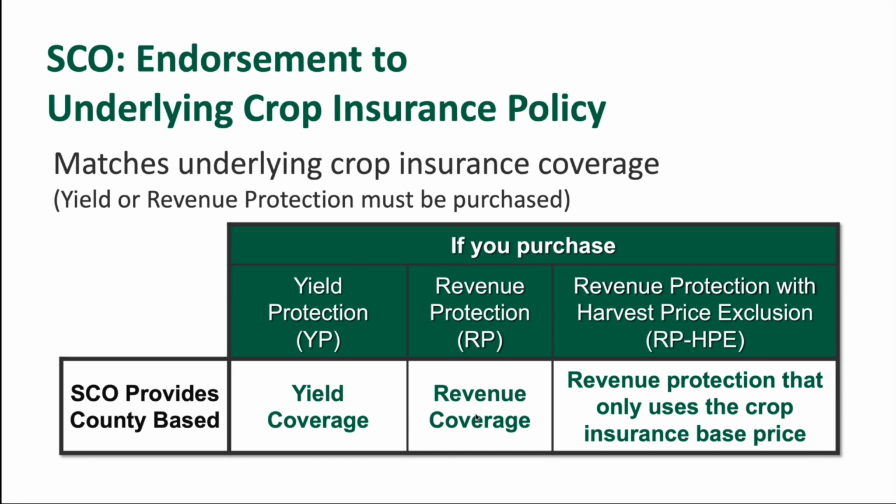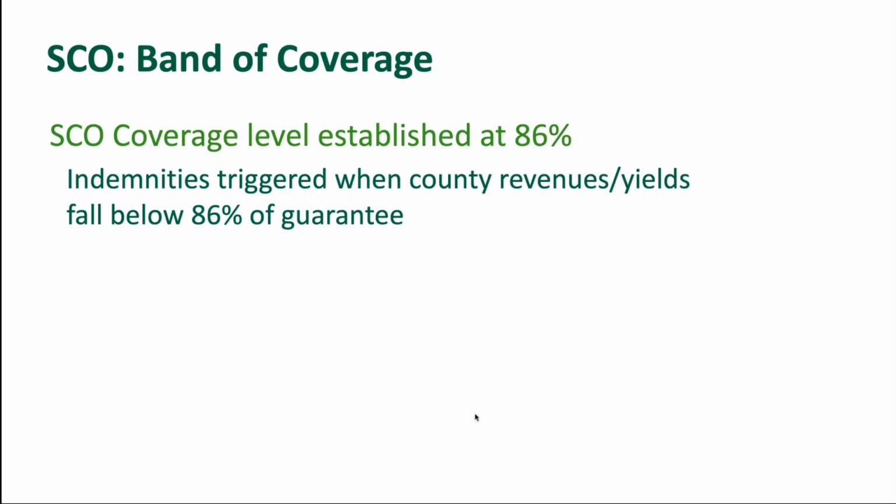By the way, you cannot purchase ARP and SCO both. You can only add SCO on top of your farm level coverage, such as YP, RP, or revenue protection with the harvest price exclusion. So if you're buying RP like the majority of Illinois farmers, which is revenue protection on the farm, your SCO would give you additional county level revenue coverage on top of your farm level revenue coverage.